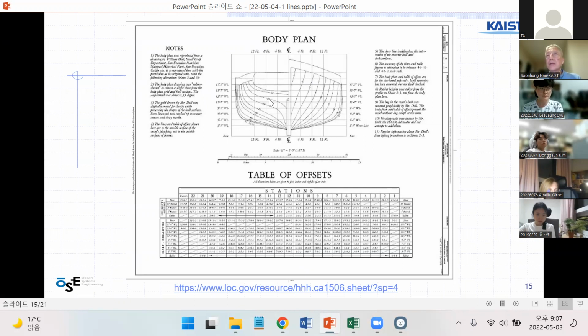Probably number 1 from the AP usually. 1, 2, 3. I cannot read this. Probably this one is the low number here, starting from the front part this time. And then half breadths of each section. Say this is a number 4 section. Each waterline gives you half breadths of the section and gives you this offset table. So using this table, you can draw these curved surfaces, curves, lines, and the body plan.